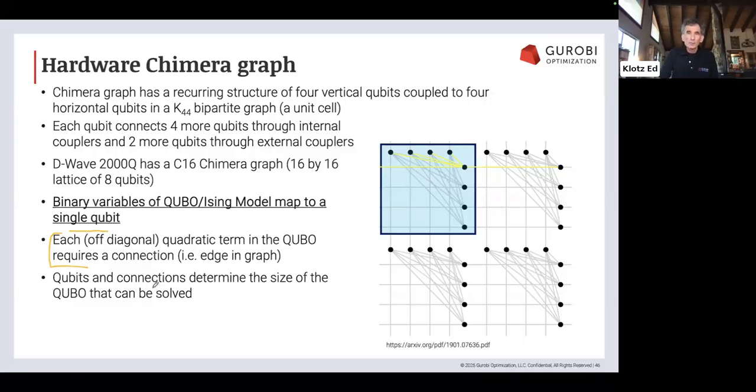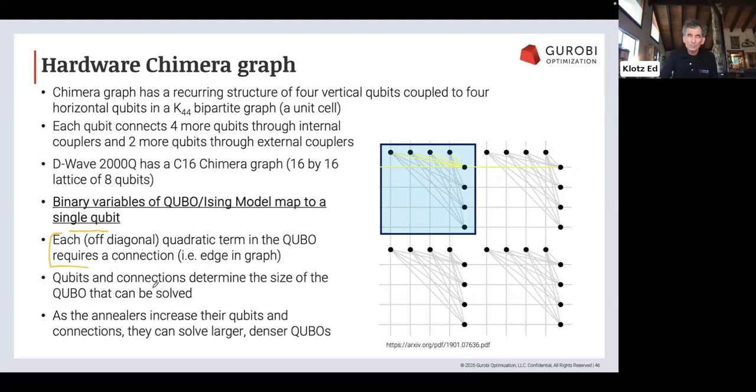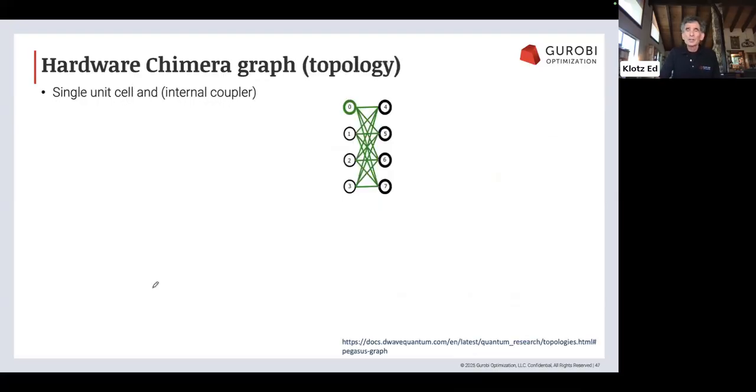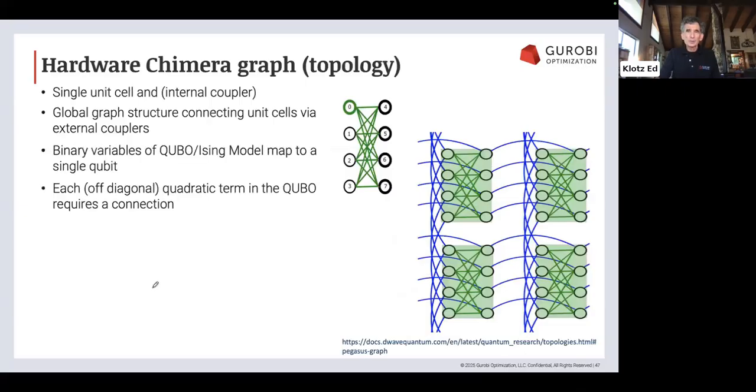Now, these hardware graphs are far from complete, so that's where the challenge is. How do you map the Q matrix non-zeros to edges in the graph? As the annealers evolve over time, their qubits and their connections will increase, enabling them to solve denser QUBOs.